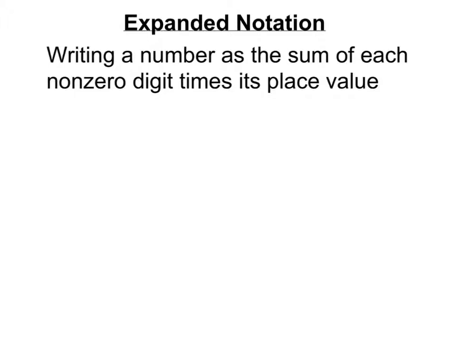To go from expanded notation back to standard notation is actually quite simple. And there are 2 different ways that we can do it. So let's take a look at an example.